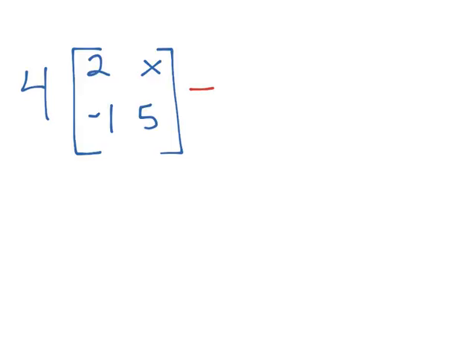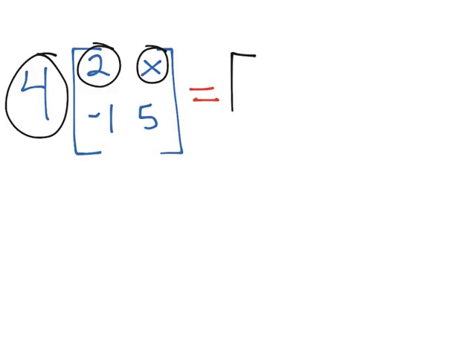And so as you might recall, what we do is just multiply the scalar by each element, and our resulting matrix should have the same number of entries, with rows of the same size and columns of the same size. And so we just multiply 4 times 2, which is equal to 8, and we put it exactly in the same place as we had the 2.